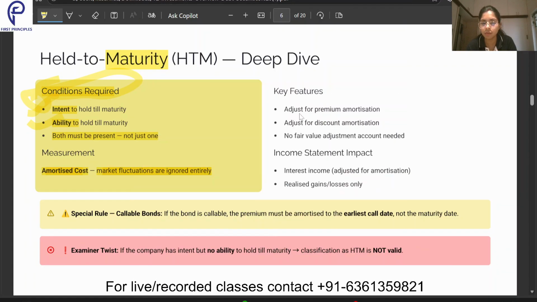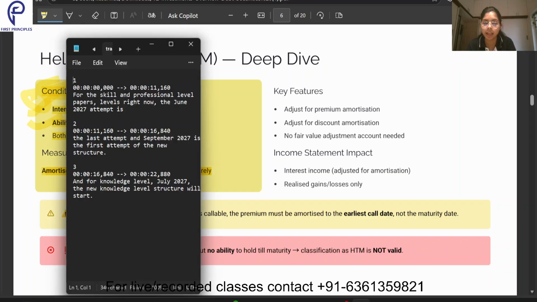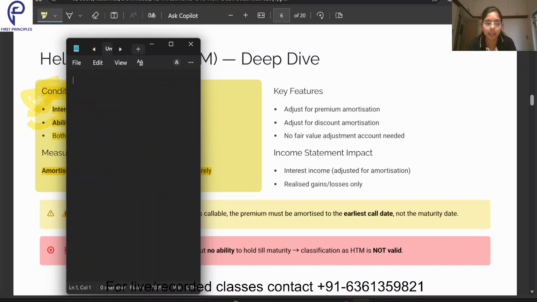Now coming to the key features: adjust for premium and adjust for amortization. I'll explain this with the help of a small example. Suppose the cost of that security is 100, but my purchase price is 120. So I paid 120 minus 100 as extra.